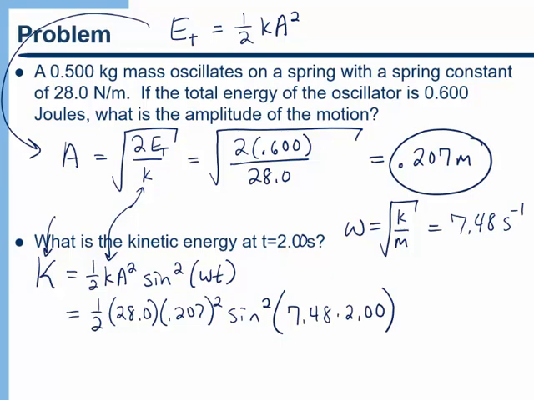Again, make sure that you are in radian mode. And if you are, you should find that the kinetic energy of this object when it's been moving for 2 seconds is equal to 0.278 joules.